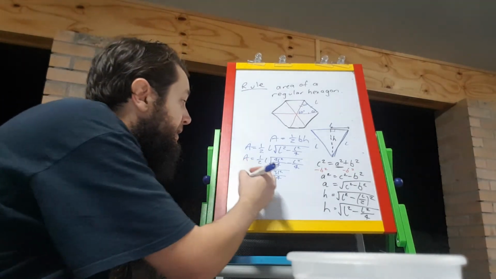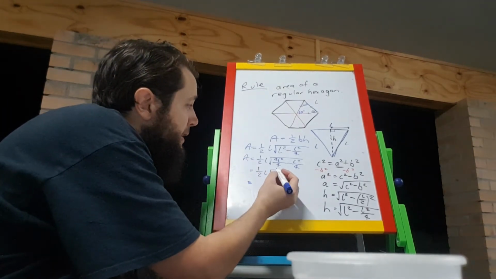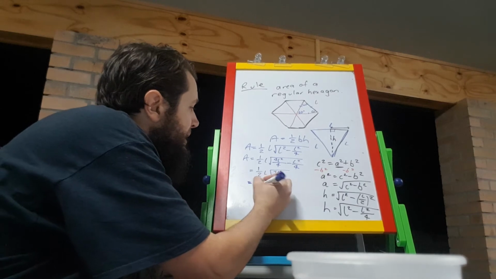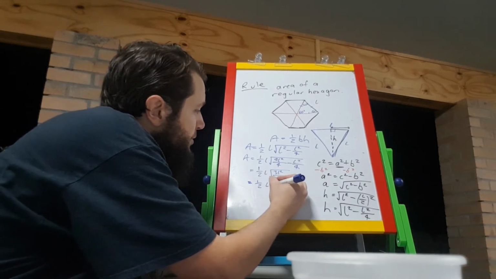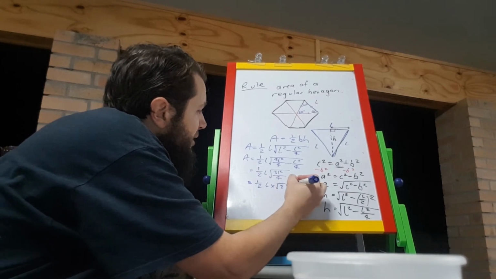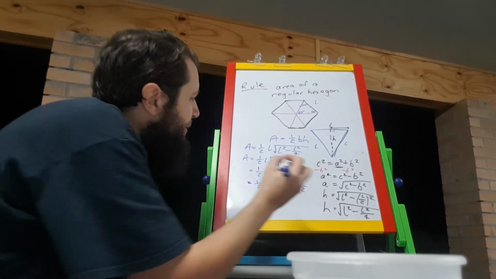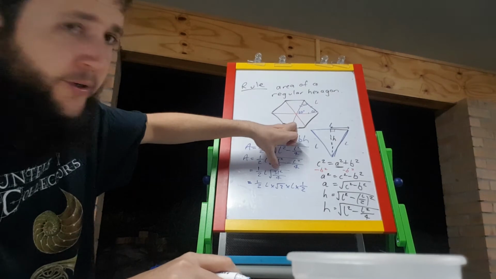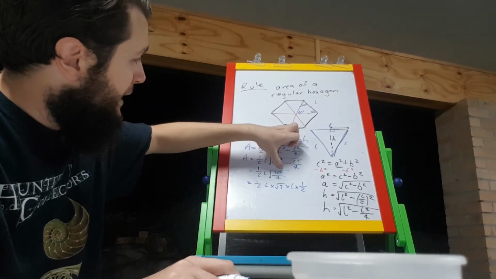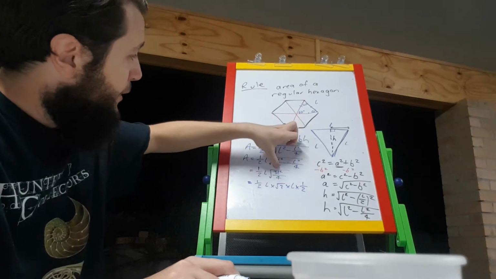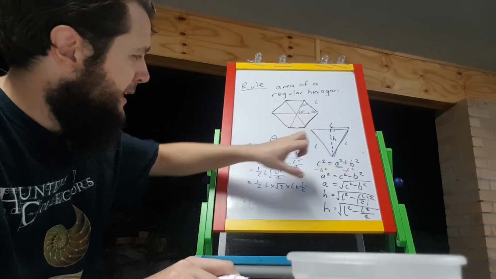Really getting fancy now. You can apply that square root separately to each piece. So it's the same as 1/2 L times root 3 times L times 1/2. Right? If I take the square root of 3, I can't do that, so I've just written it as root 3. If I take the square root of L squared, I get L. If I take the square root of 1/4, I'll get 1/2.